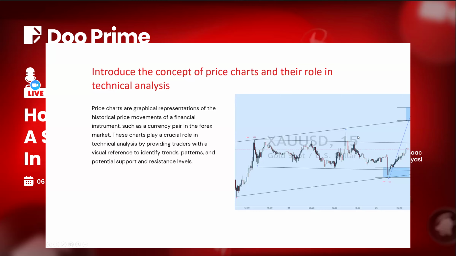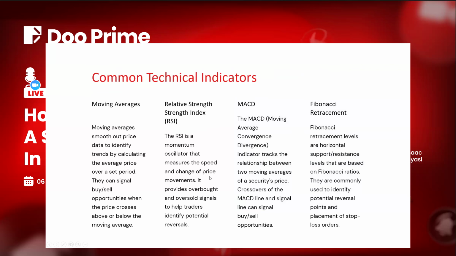So the first thing we have to do is to learn these charts and how to use them. Because they play a crucial role in technical analysis by providing traders with visual references for identifying trends, patterns, and potential support and resistance levels. They are very, very important. So as a trader, you first of all have to understand these things.